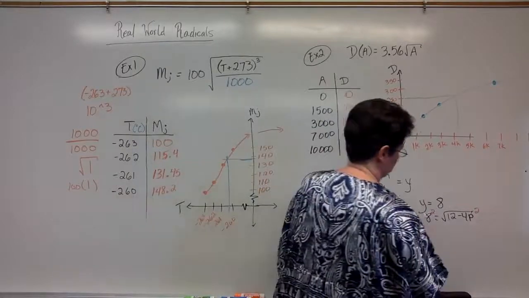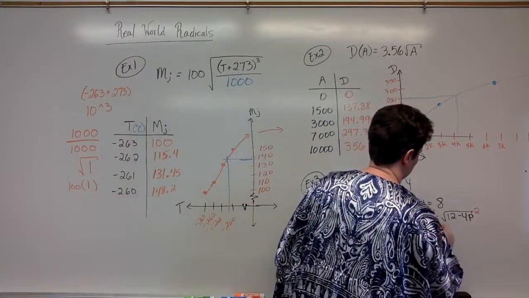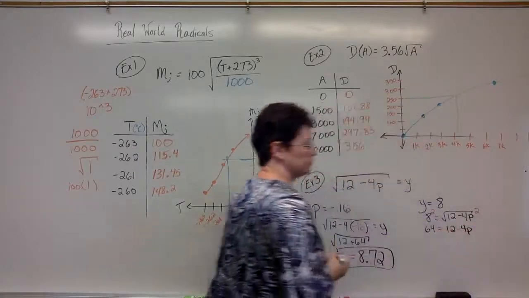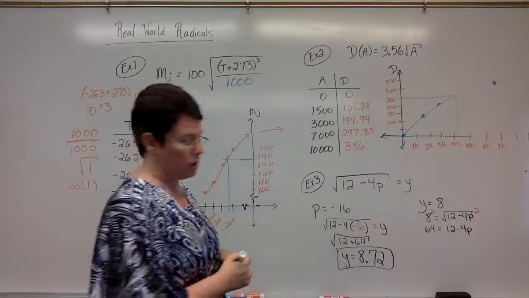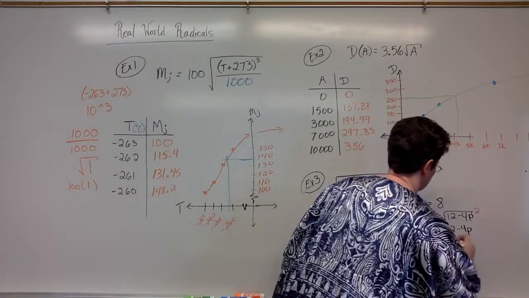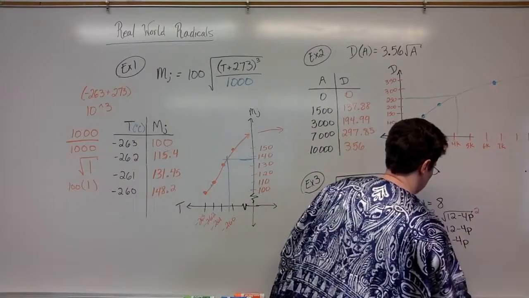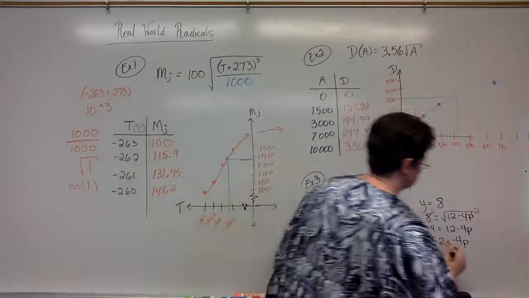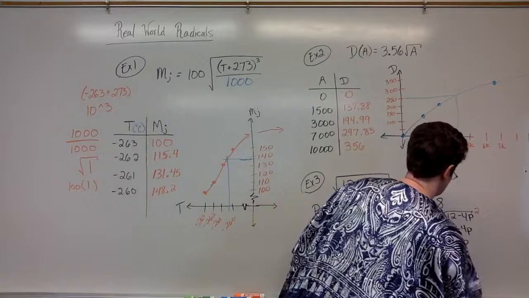Okay. So now I have 64 equals 12 minus 4p. I'm going to subtract the 12, and I get 52 equals negative 4p. Divide by negative 4, what do you think? Negative 13.